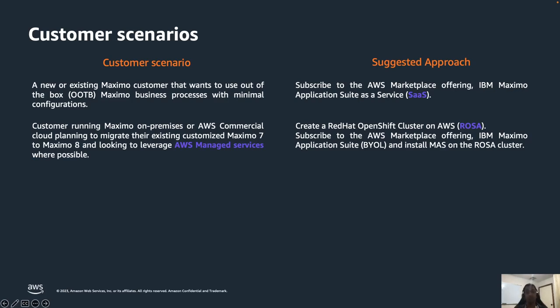Once you have an existing ROSA cluster, you can subscribe to the AWS Marketplace offering, which installs MAS on the ROSA cluster. Right.